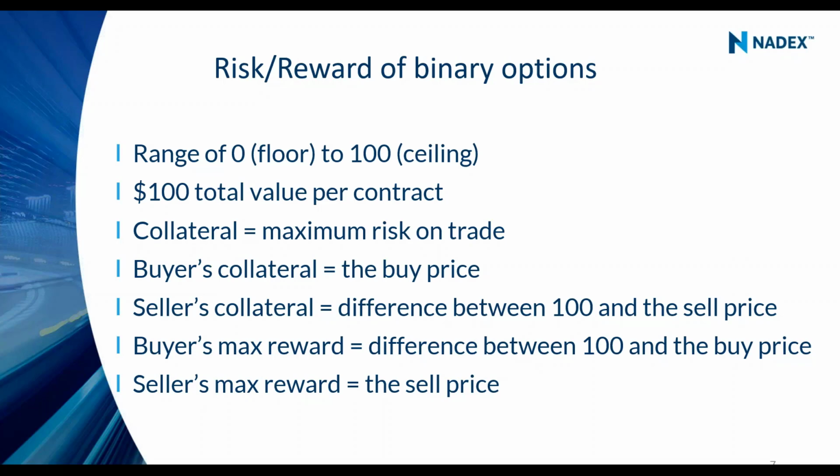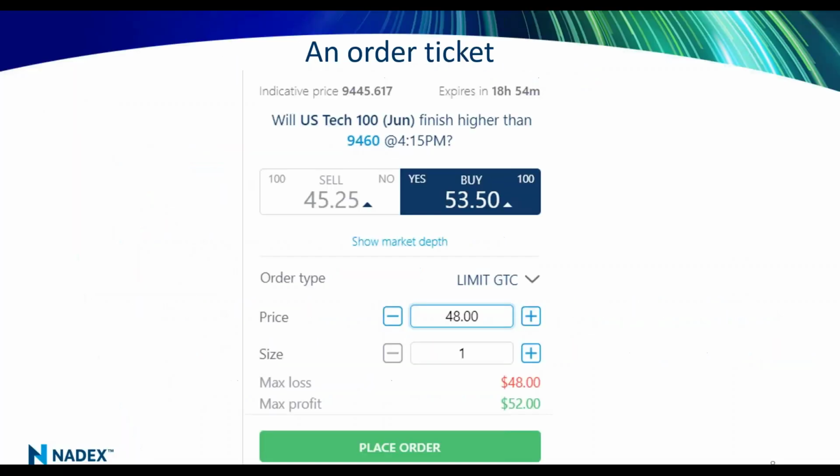In the end, this contract either goes to 100 or 0, and whether I buy it or sell it, I know exactly up front what I have to put up as collateral, what my risk is, and what my potential maximum reward is if my prediction is true. If I think oil is not going to finish above, so I think that it's going to be false and I sell it, I know what I can make, I know what I can lose. If I think oil is going to be going higher and I buy it, I know what I can make, I know what I can lose.